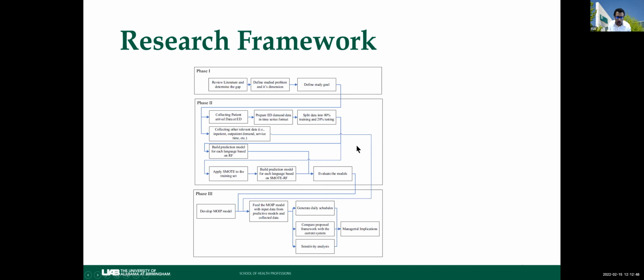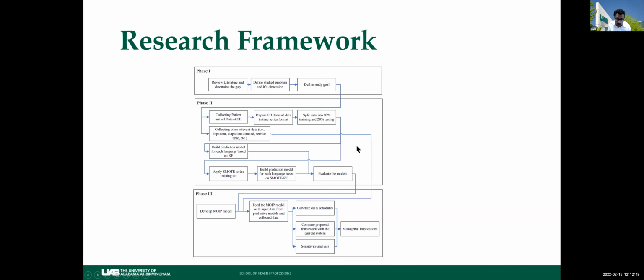The first phase is the predictive analytics or predictive model, where we predict the demand for languages at the emergency department. As I mentioned, we have inpatient, outpatient, and emergency patients. Inpatient and outpatient demand is known because they are scheduled ahead of time. But emergency patients are stochastic, so we need to predict it.